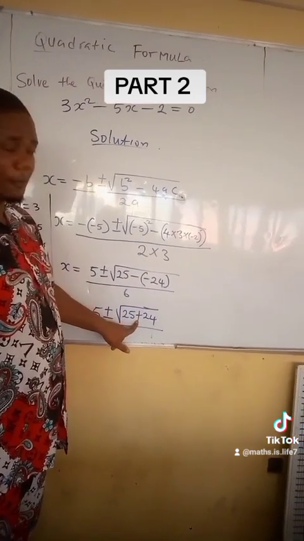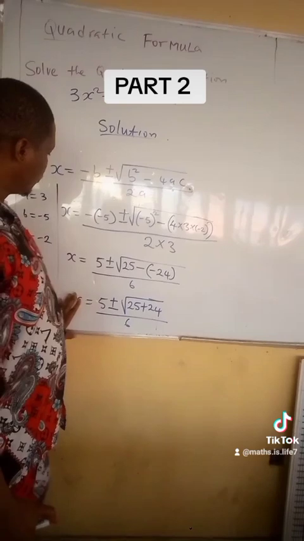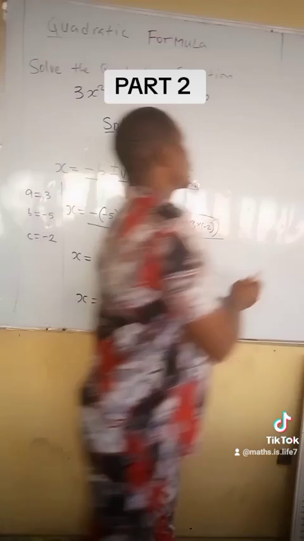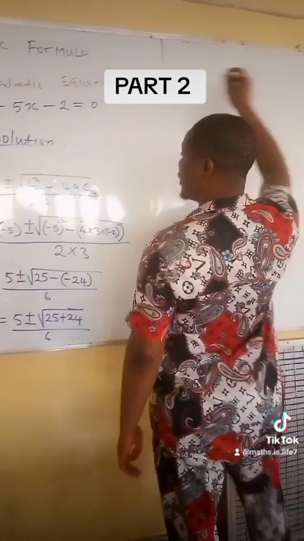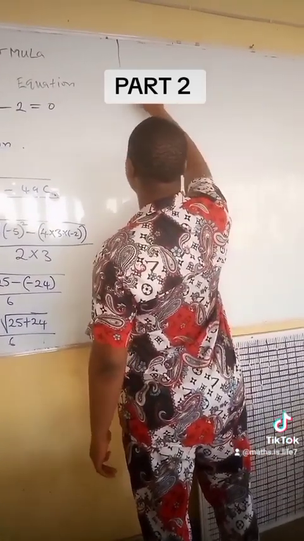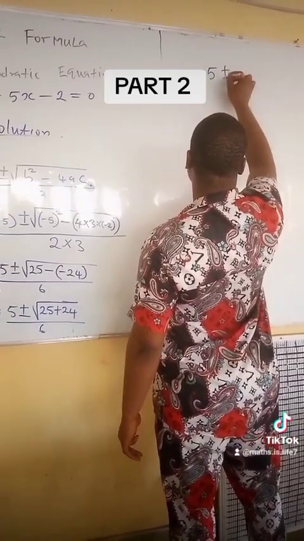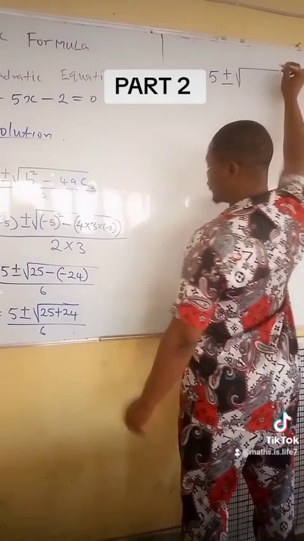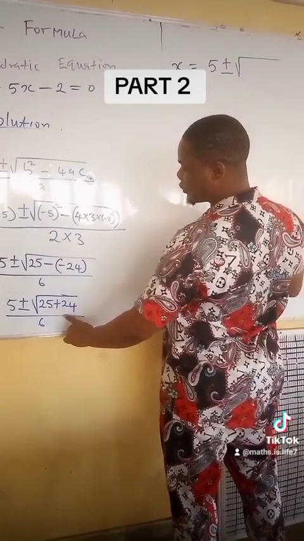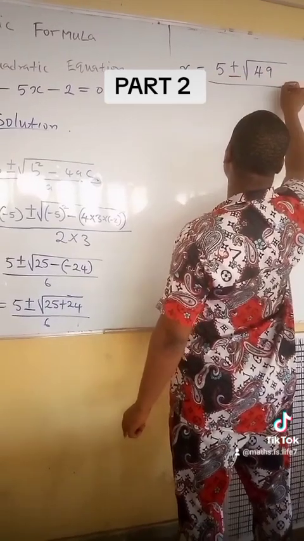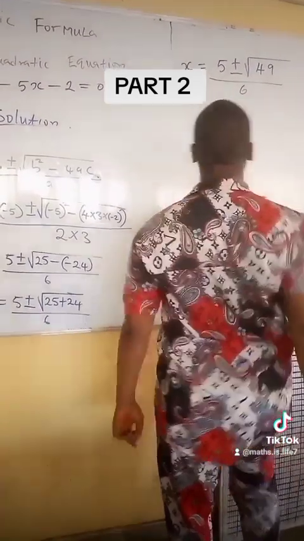So we have been able to resolve to this point. I will just do my summation. So conclusively, I'll now be having x is equal to 5 plus or minus the square root of, 25 plus 24 will give me 49, all over 6.